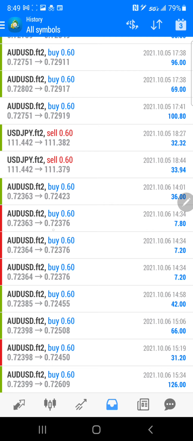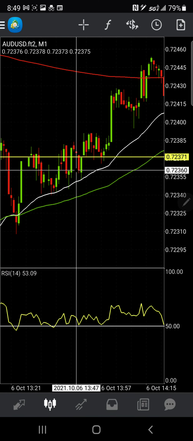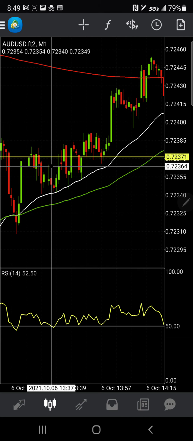So I moved my stop loss up to 72376, and 376 is basically 1 pip above where I entered. Okay, so let's check that out here. 72363. So that's right in here.